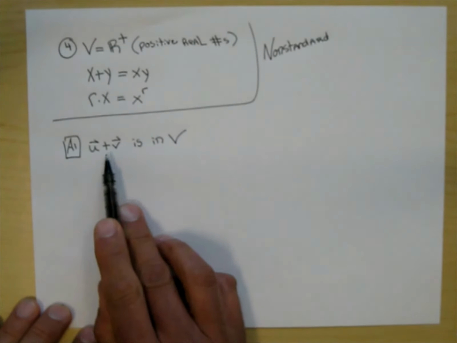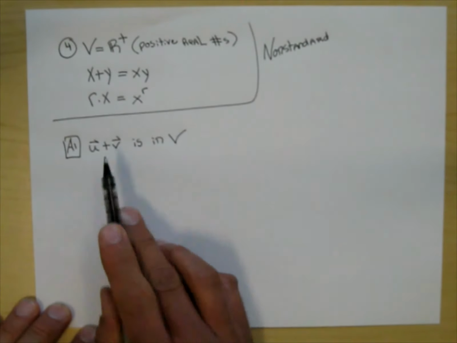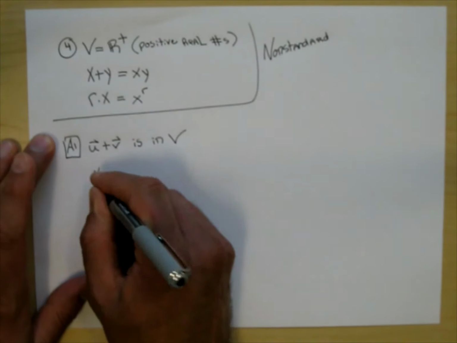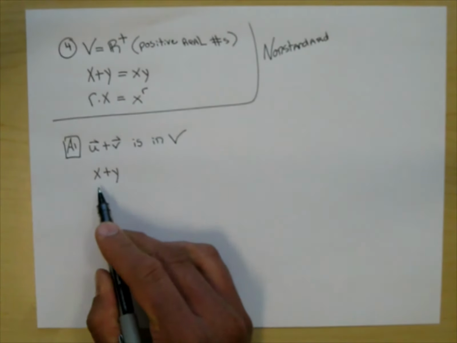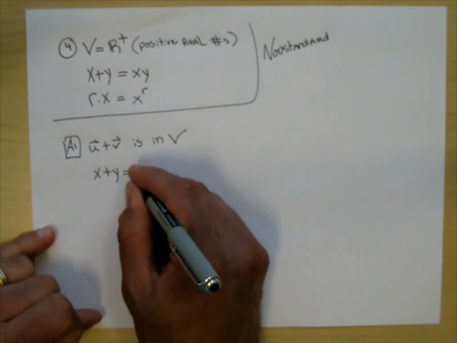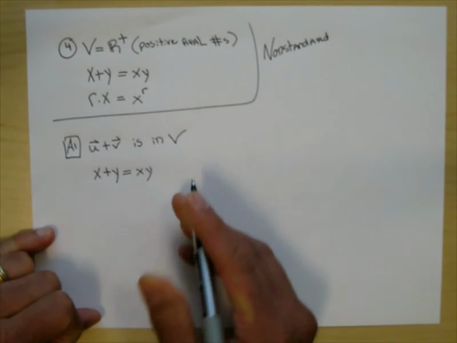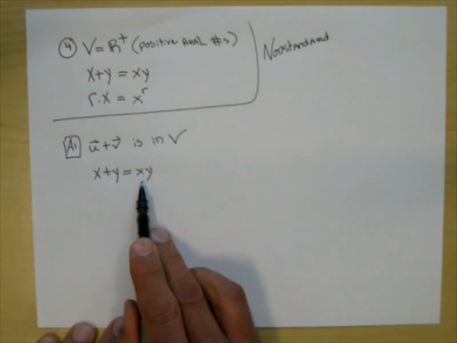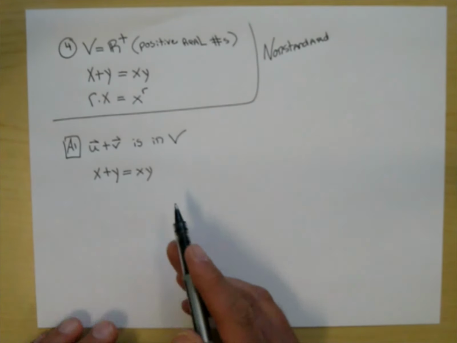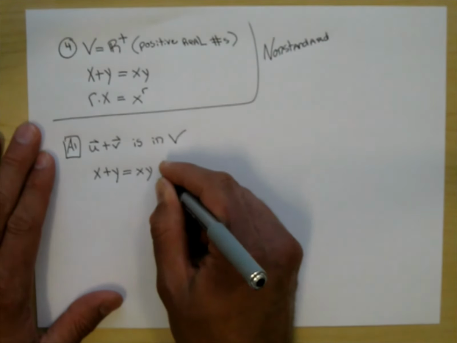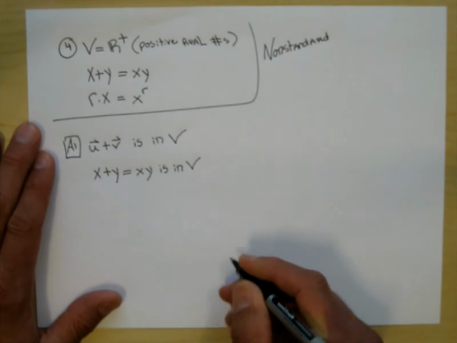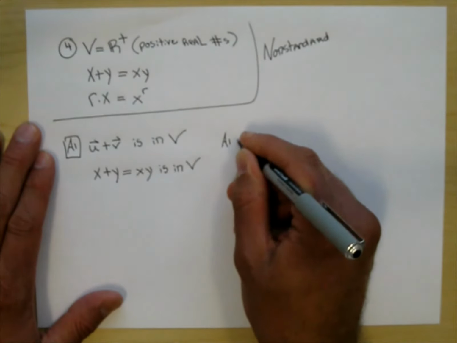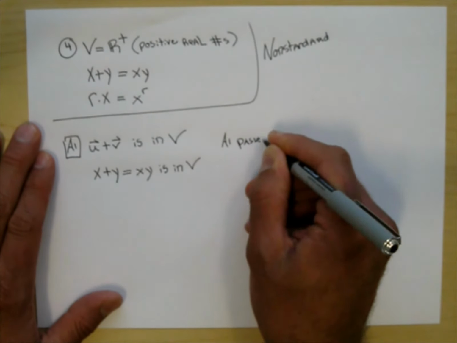When you add them, so let's just say x plus y, okay, those are positive real numbers. When you add them, you get xy. Is the product of two positive real numbers a positive real number? And the answer is yes. xy is in the vector space. So A1 passes.